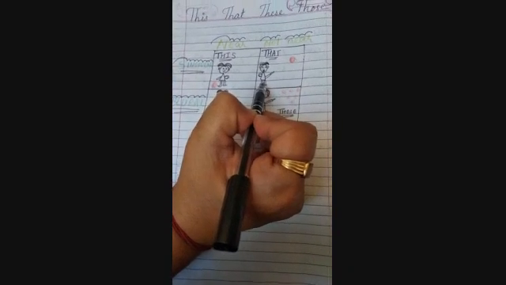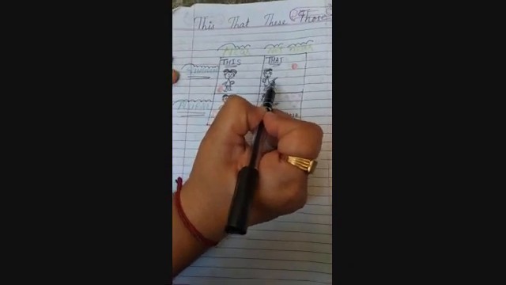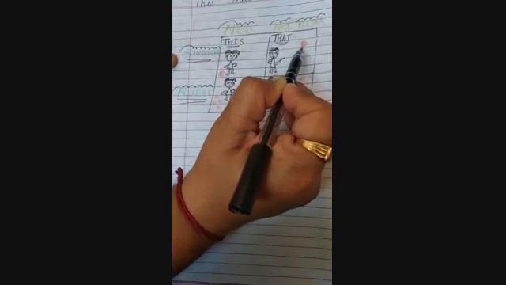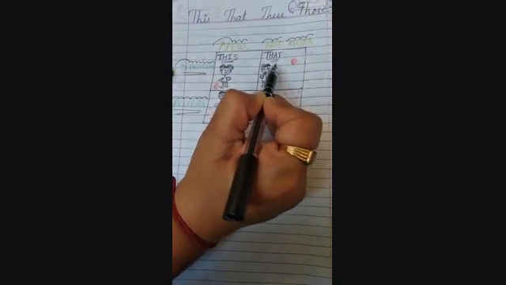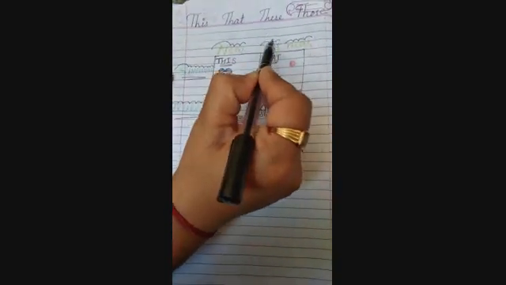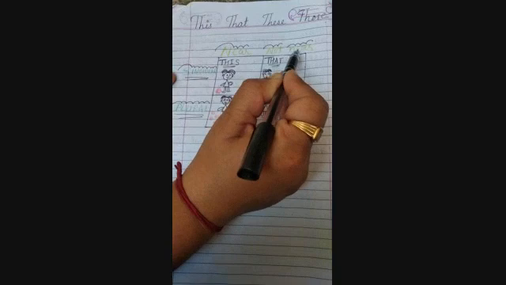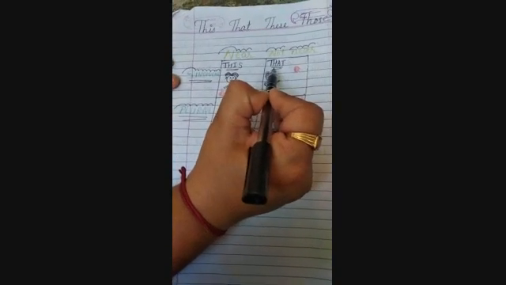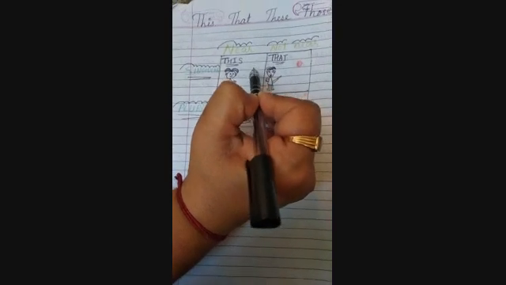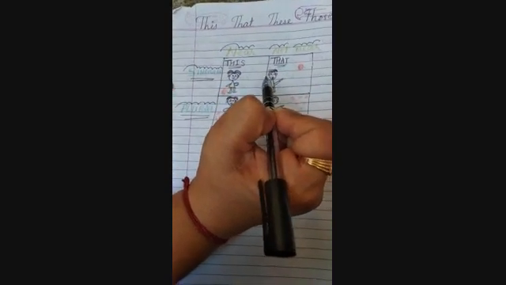Here the girl is standing, but the ball is far away from us. So we can use that, the singular pronoun which is not near to us. Okay, this is what we can say about singular pronouns.